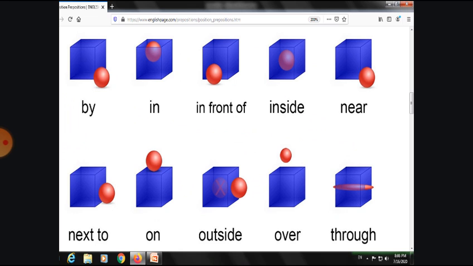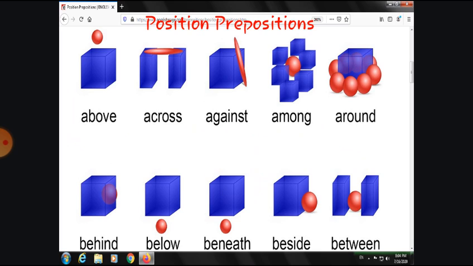Even you have studied about below. Dear student, I hope you have already understood below, and so let's try to understand about above. So talking about above as a preposition and over as a preposition. So let's first try to understand over.